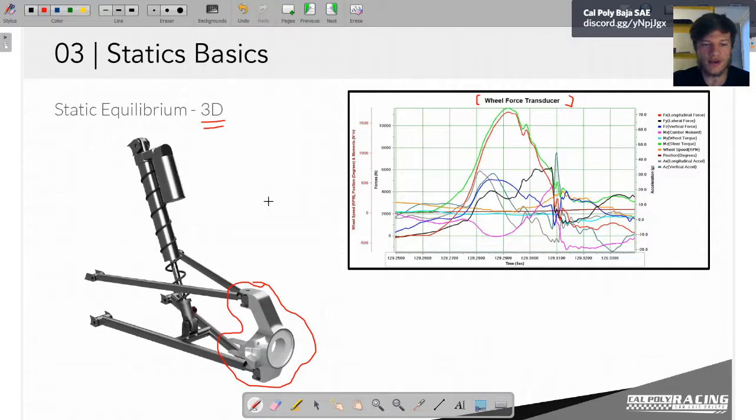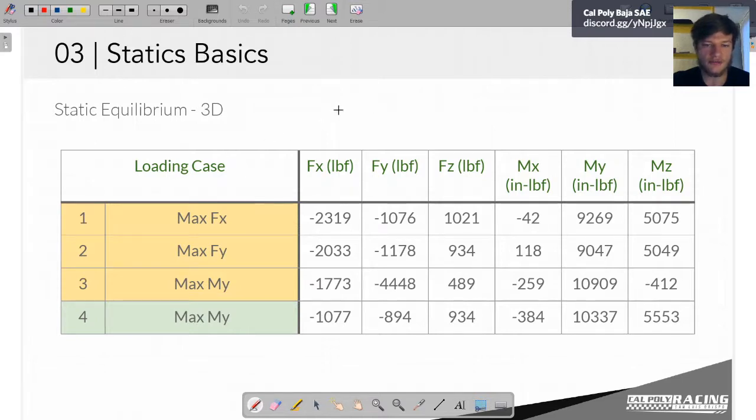So I thought to explore this topic, we'll try and figure out what our reactions are from one of these wheel force transducer tests. So actually for the front hubs and for the front uprights, we identified several different loading cases that were sort of the worst thing to do. For those of you that aren't familiar, a loading case is just some situation where certain loads happen.